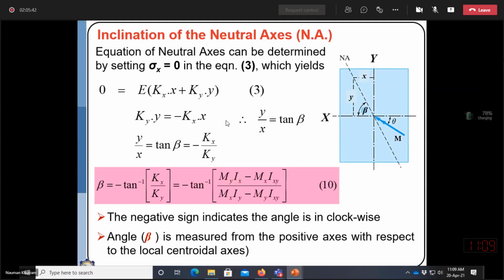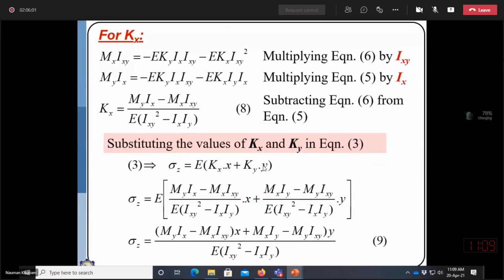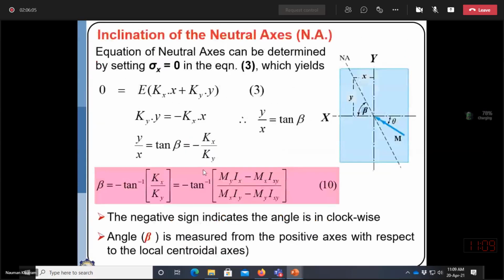Now, how can we determine the inclination of the neutral axis? We are assuming this moment which is acting along this side. This moment has two components, one acting along the y-axis and one along the x-axis. By using the same equation, equation 3, along the neutral axis the stress must be equal to 0.